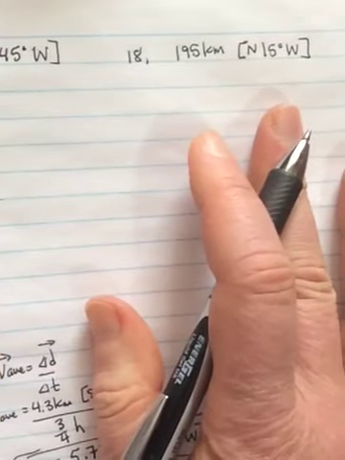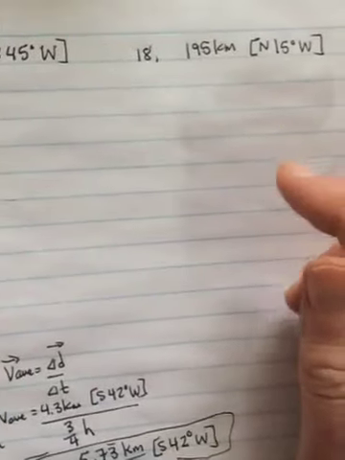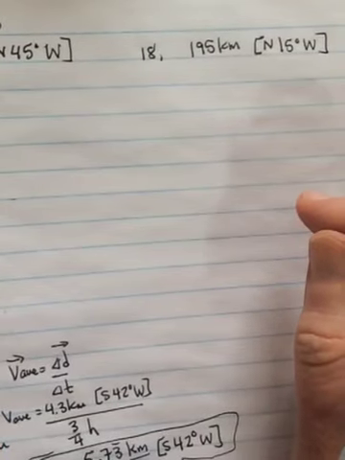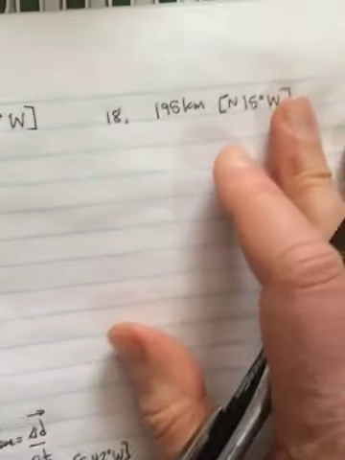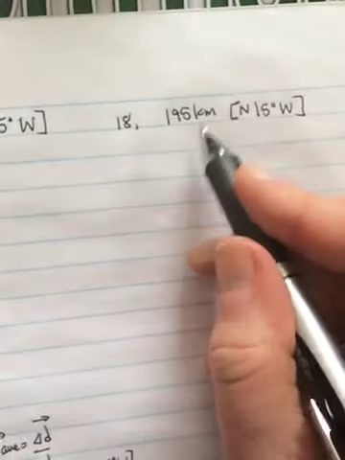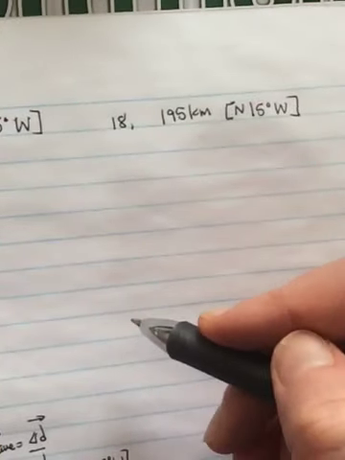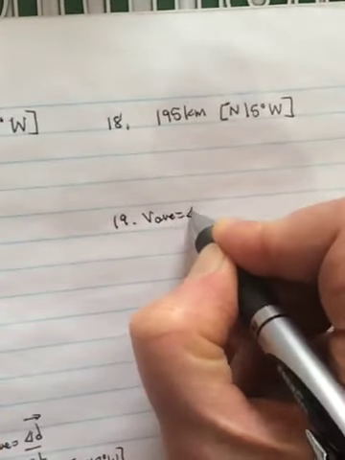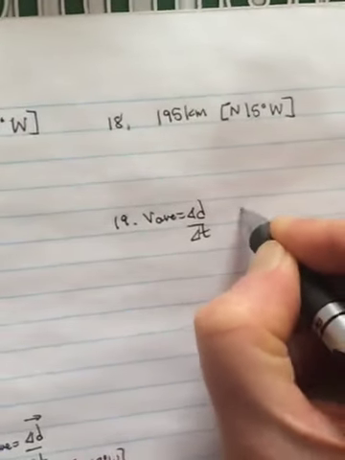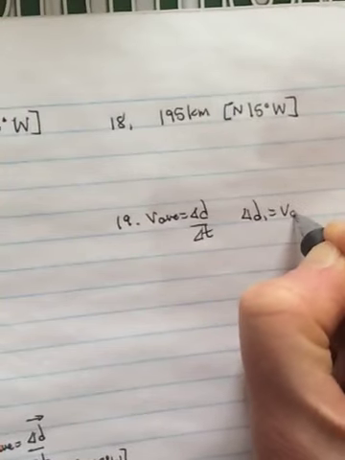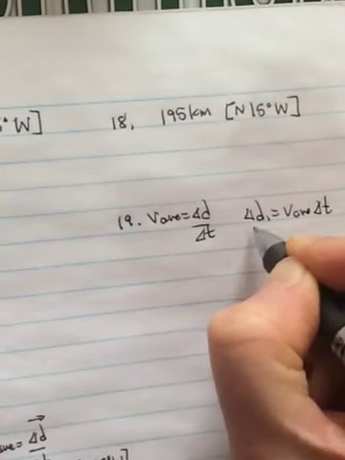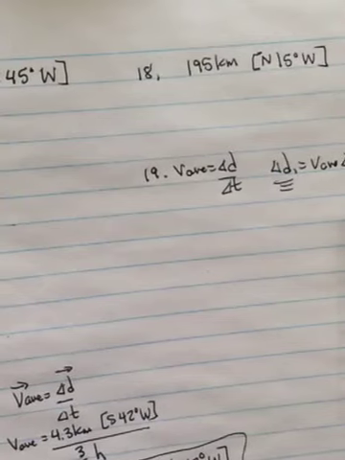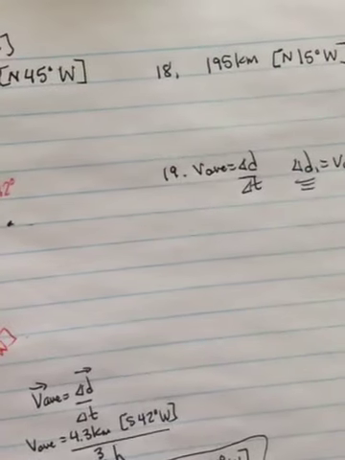It's number 19 that you need to find the displacement vectors, and for number 20 you need to find the displacement vectors before drawing it. Okay, so 18 is normal just like the one we did, but 19 and 20 you're going to do VAV is equal to delta D over delta T and find the delta D for each one of them before you draw, and then it's the delta D's that you're going to draw just like we were drawing the D's here. Okay, so please do 18, 19, and 20 today for homework, and we'll go over them tomorrow.